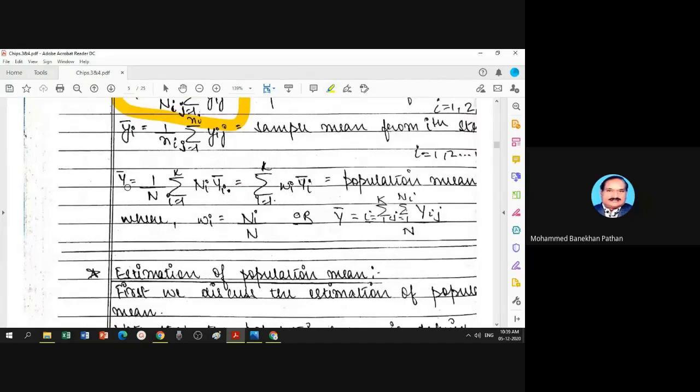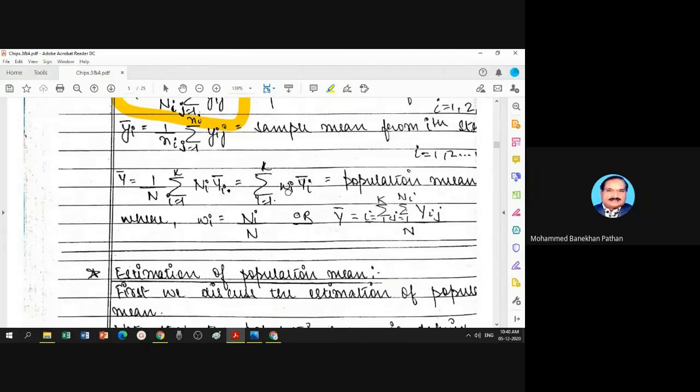Capital Y bar, the population mean, is 1 upon capital N, summation i from 1 to K, Ni multiplied by Y bar i dot. This dot is for the second subscript. Ni divided by capital N is labeled as Wi, you can call it a weightage, the weightage given to the mean of the ith stratum, i from 1 to K.